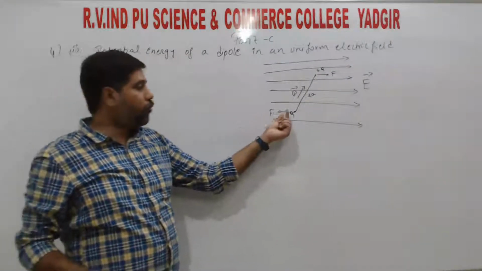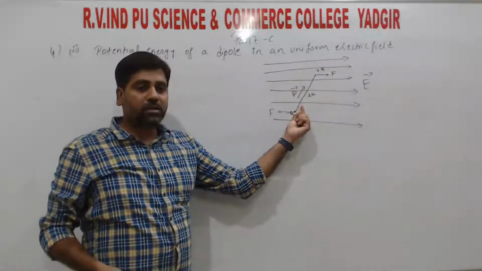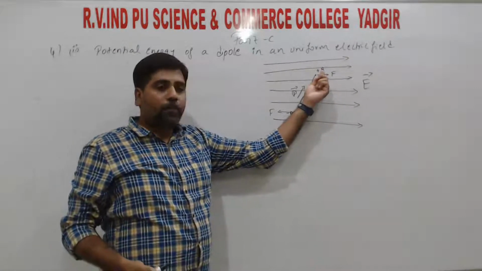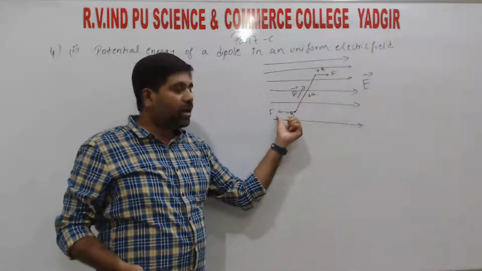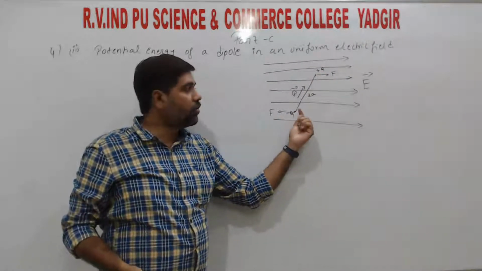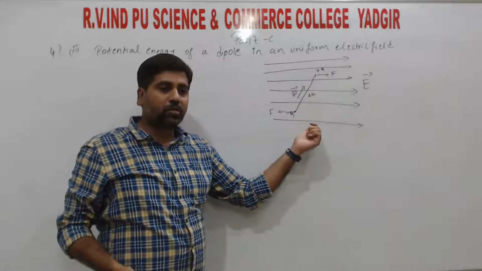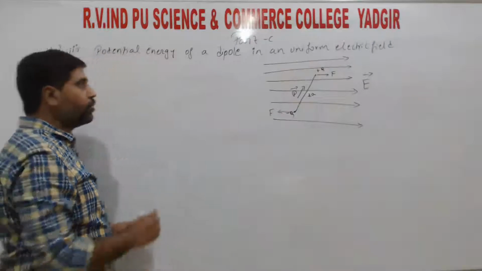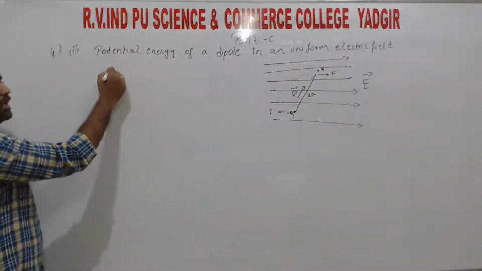So hence force experienced by plus Q is equal to the force experienced by minus Q. Hence the net force acting on the dipole is 0, right? So why 0 means F is equals to plus Q into E. So here F is equals to minus Q into E, right? So magnitude ನ consider ಮಾಡಿದ್ರೆ plus QE minus QE get cancelled, so net force is equals to 0, right? So we need to mention that statement.